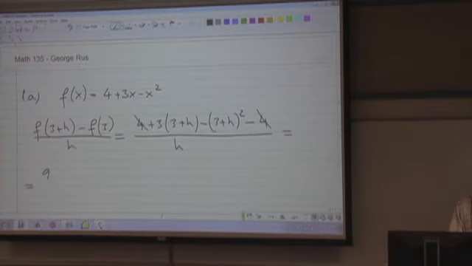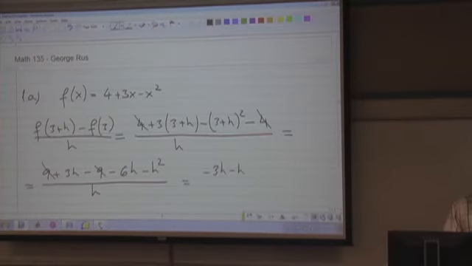So I have 9 plus 3h minus 9 minus 6h minus h squared, divided by h. 9 minus 9 is 0. So I end up with minus 3h minus h squared over h. So I end up with minus 3 minus h.